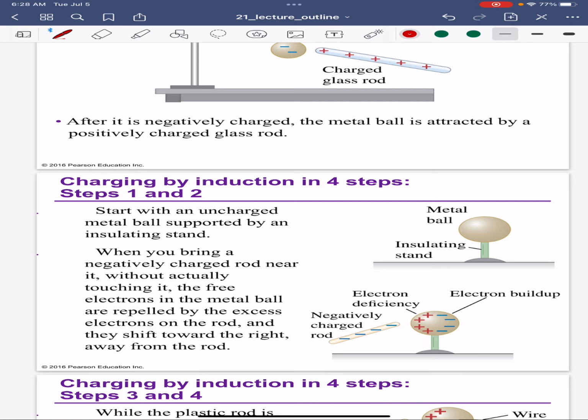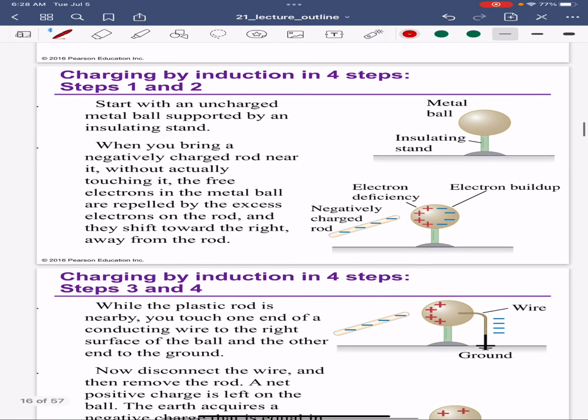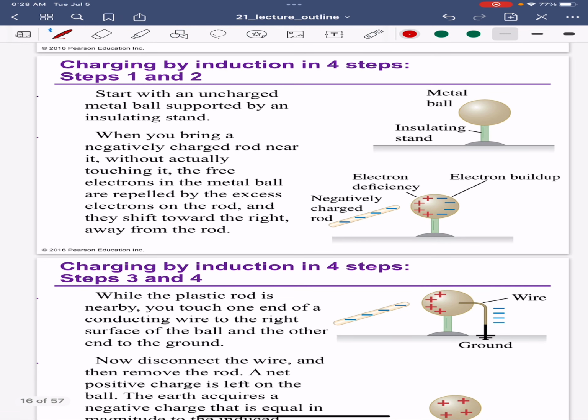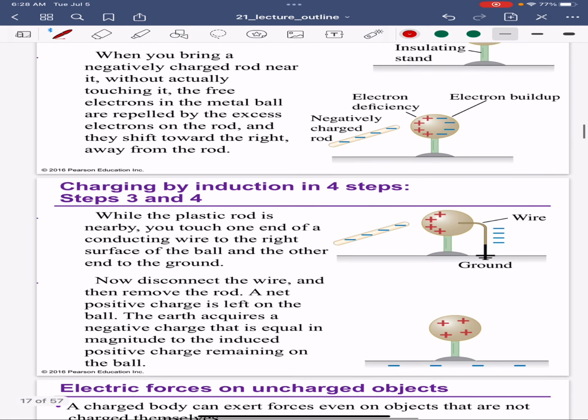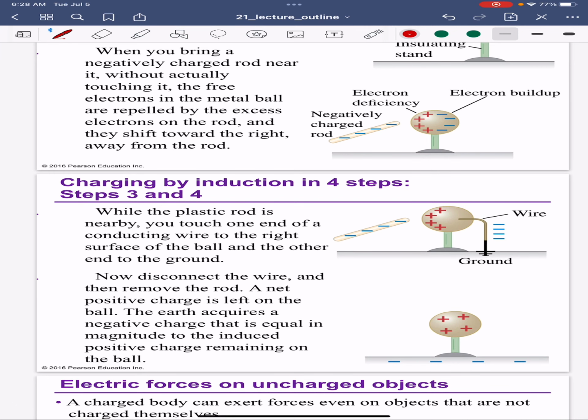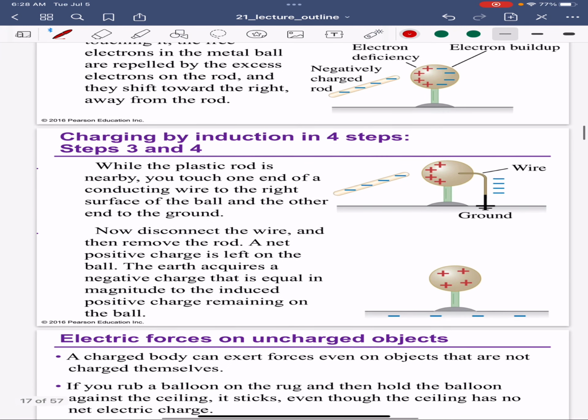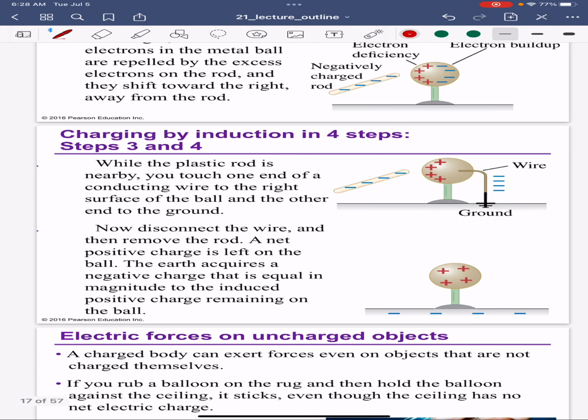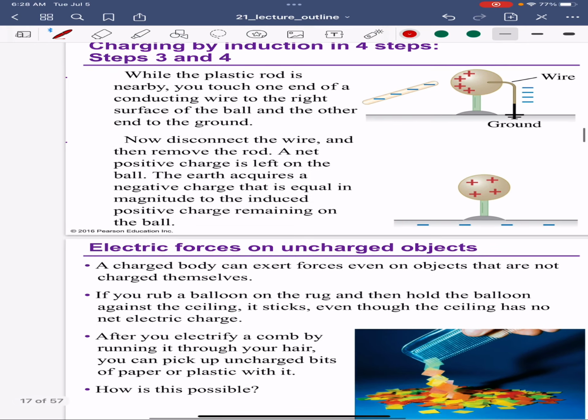This is a kind of splitting of charges, and I can connect a wire between the sphere and the ground while the rod is still there, and then I can make that negative charge go to the ground, and my sphere is going to have positive charges.